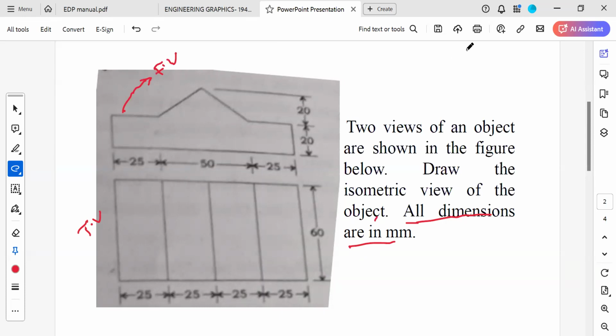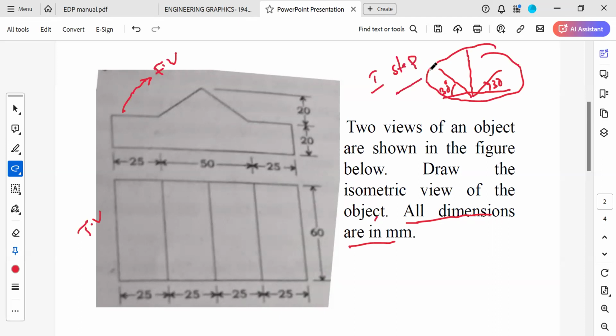Before drawing the isometric view, first we need to draw the isometric axes. One is vertical, the other two are at 30 degrees. So first we need to draw these isometric axes. This is the first step. The second step for this problem is to draw the isometric view of the front view.